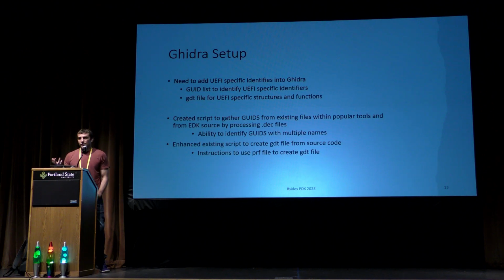If it recognizes the GUID, you can apply the structures correctly, instead of just having an unknown GUID where I know this type of thing, but I don't know what it's for. So we tried to create a script that allows you to easily do that, where you can just point it to the source code repos you want, and it'll do all that for you, or within reason.